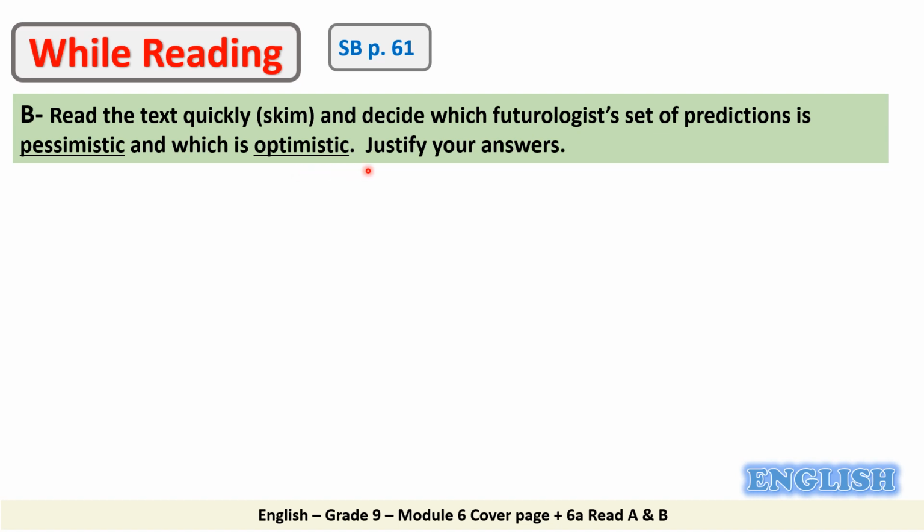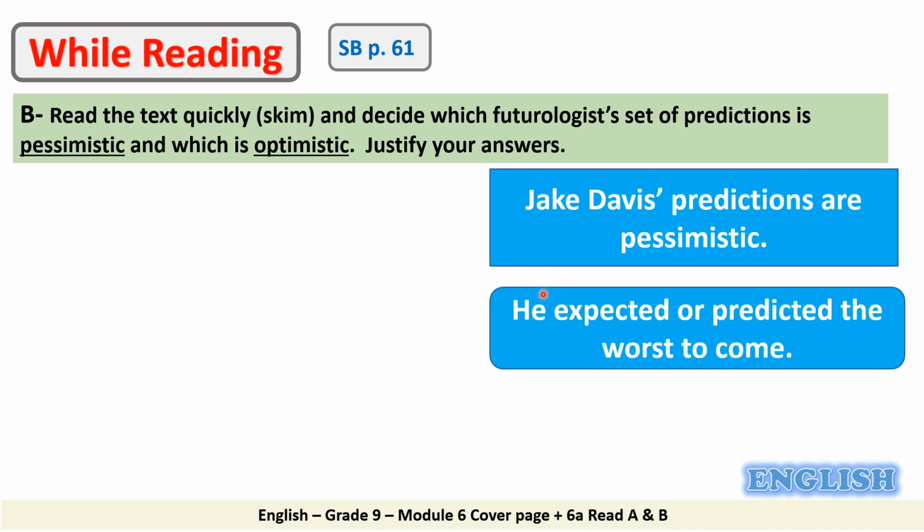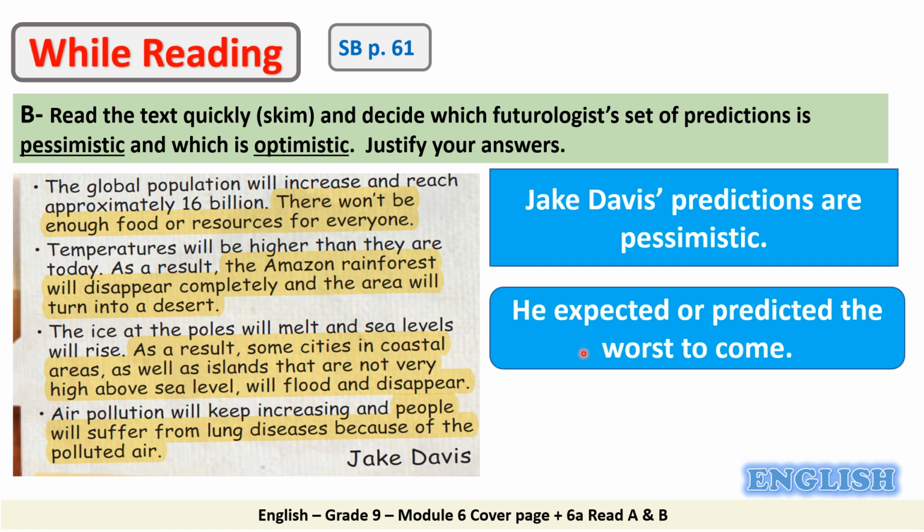Let's check our answers together. Jake Davis' predictions are pessimistic. Why? Because he expected or predicted the worst to come. In the text, you can find the clues. There won't be enough food or resources for everyone.